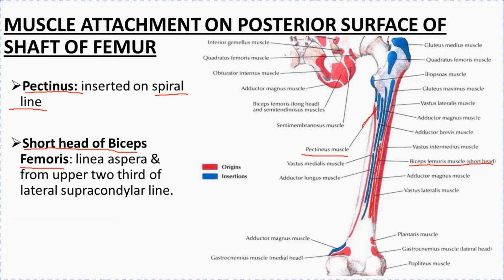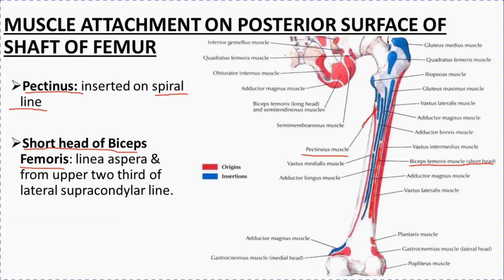We said we have an upper end, a shaft and a lower end. The upper end has a head which gives attachment to the ligament of the head of the femur. It has a greater trochanter. The greater trochanter has an apex which gives attachment to the piriformis.